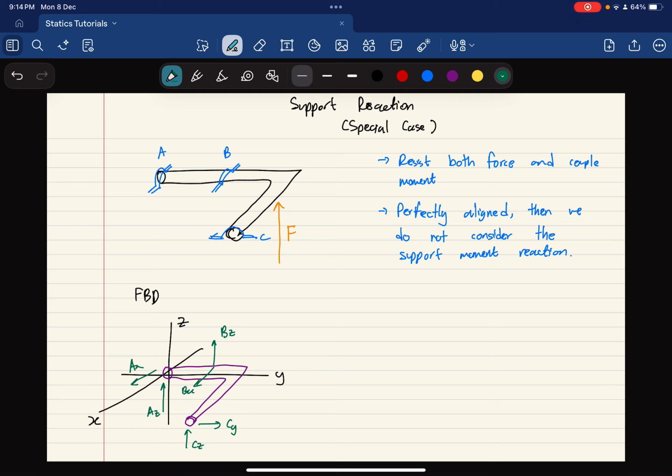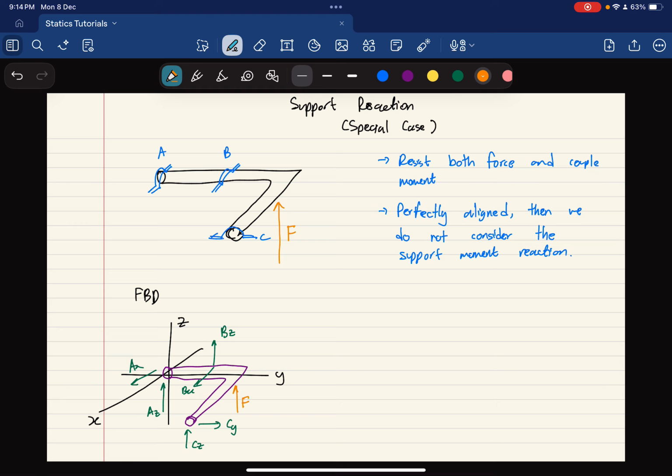And we also have the force F, which is obviously going to be here. Anything else I'm missing?